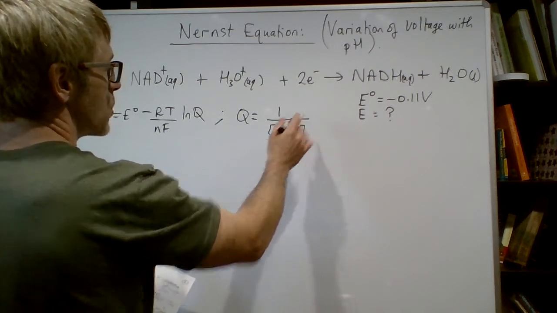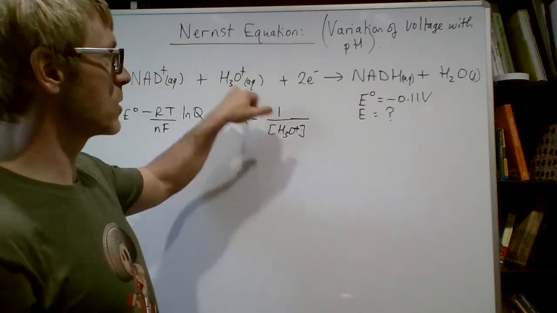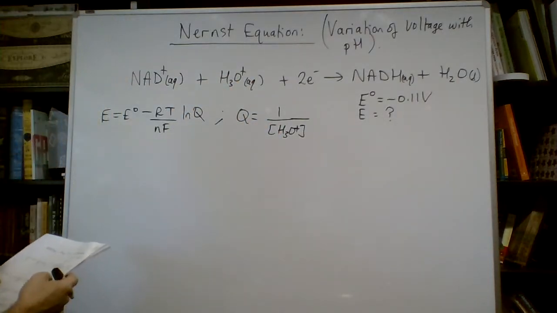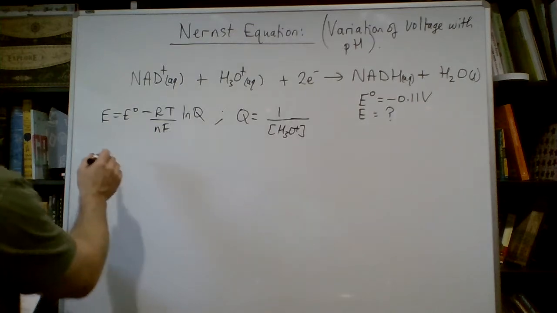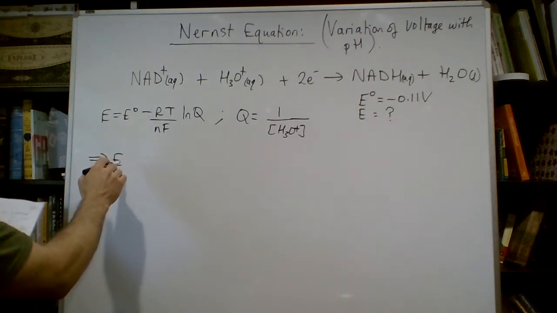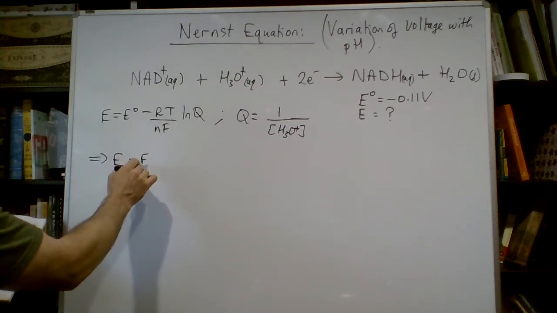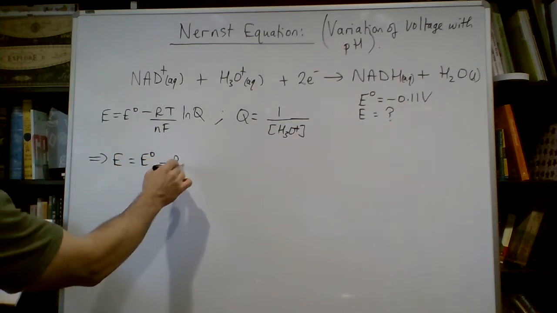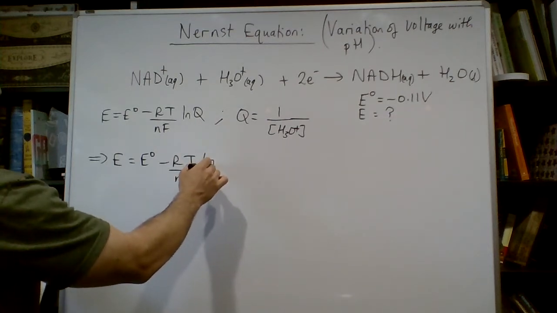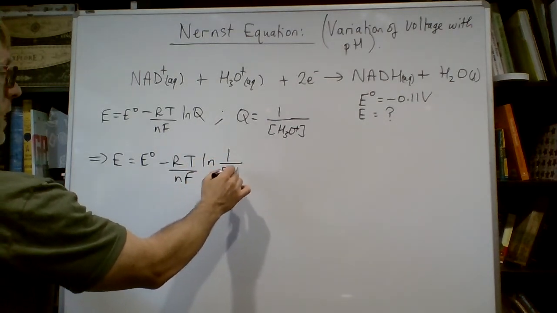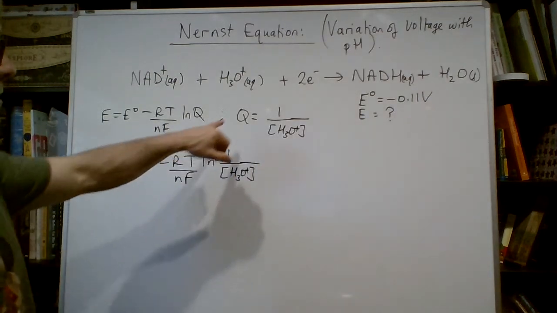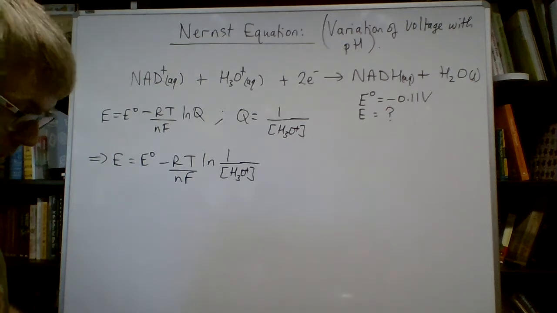And notice it's only first order in hydronium because there's a coefficient 1 here. Okay, so this means that the non-standard voltage is equal to the standard voltage minus RT over NF log 1 over hydronium, where I've just inserted Q into the Nernst equation over here.